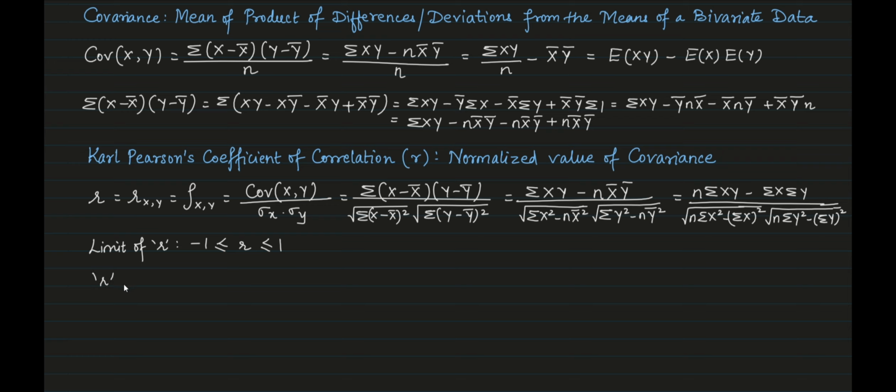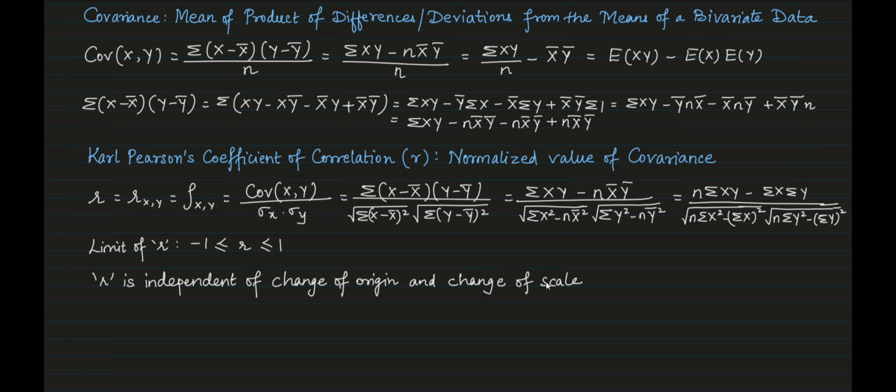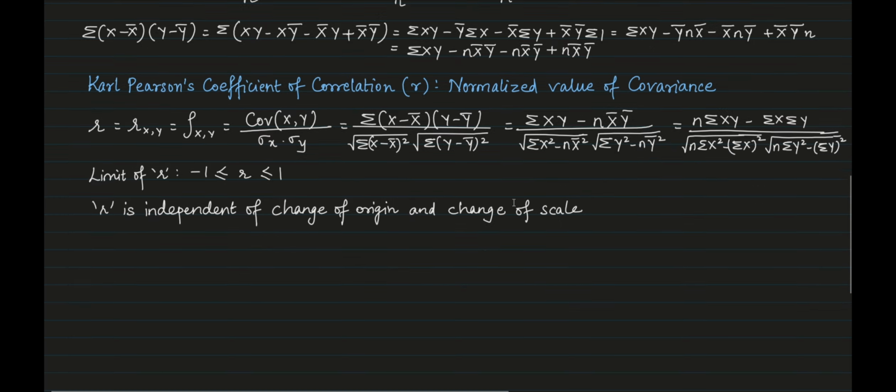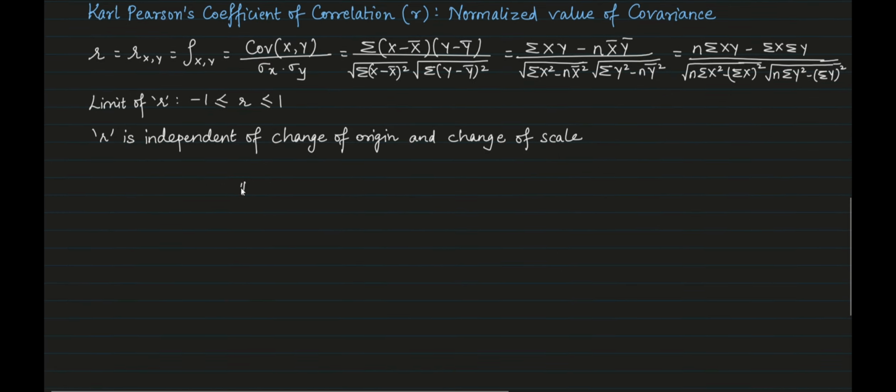Karl Pearson's coefficient of correlation is independent of change of origin and change of scale. When I say change of origin, the data points are shifted from one point to another point.